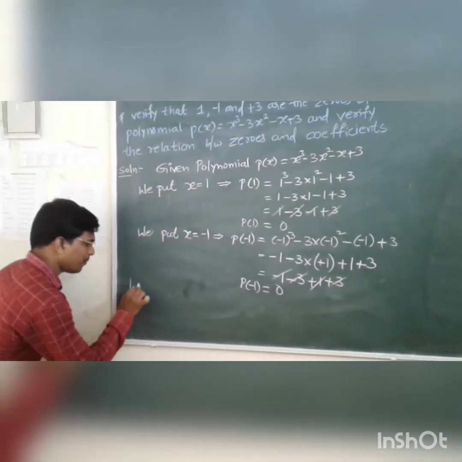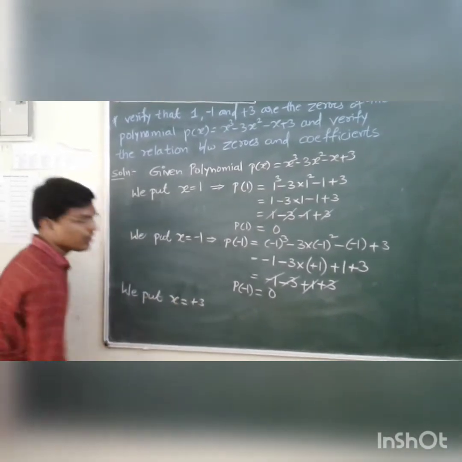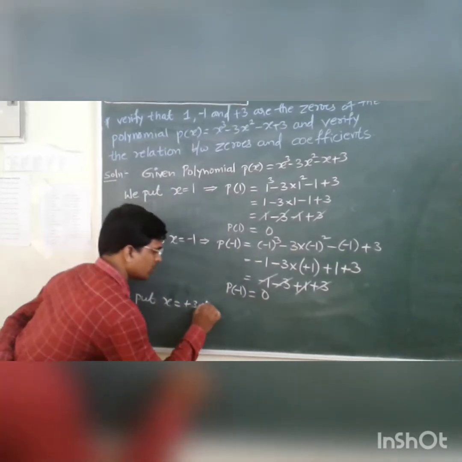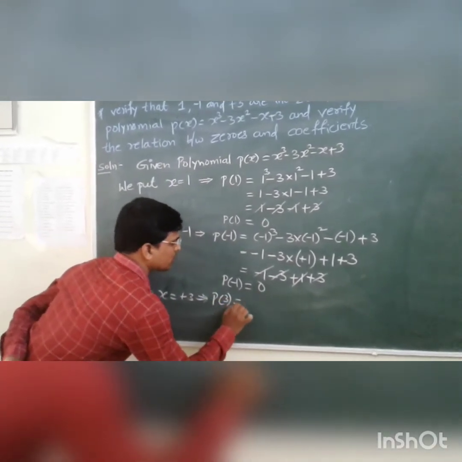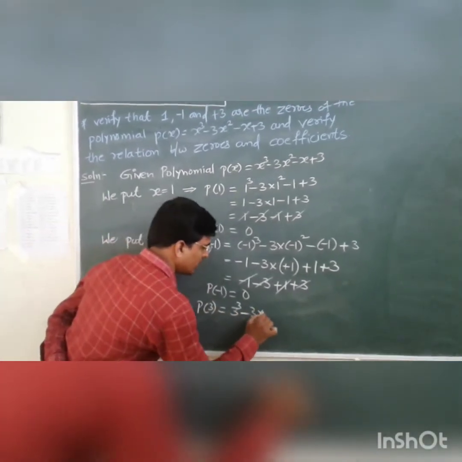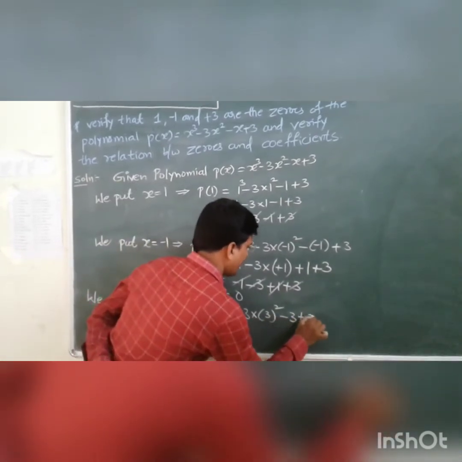Next, if we put x equals plus 3, in the place of x we have to substitute 3. So P of 3 is equal to 3 cube minus 3 into 3 square minus 3 plus 3.